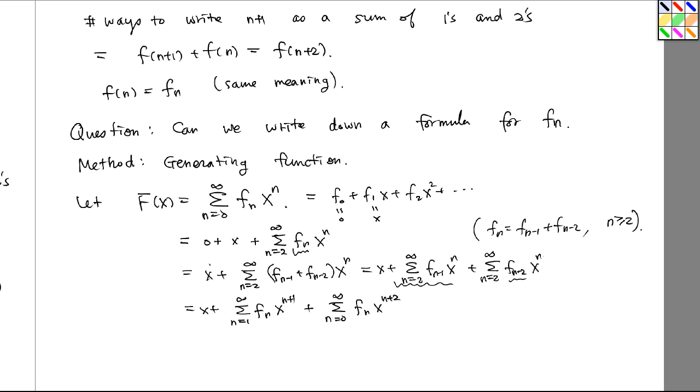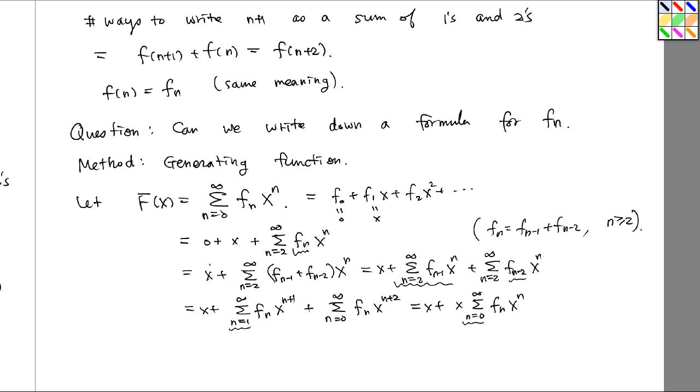Alright. In the first one, we can factor x out in front, and n is from 0 to infinity of fn x to the n. I replaced n from 1 to n from 0, and this is okay because f sub 0 equals 0.